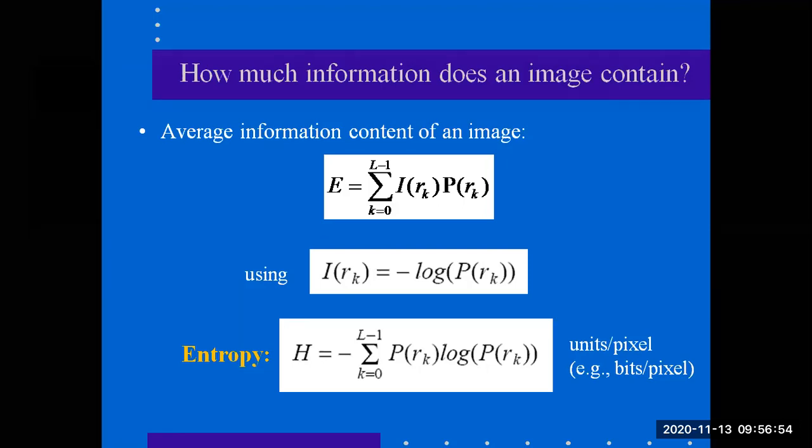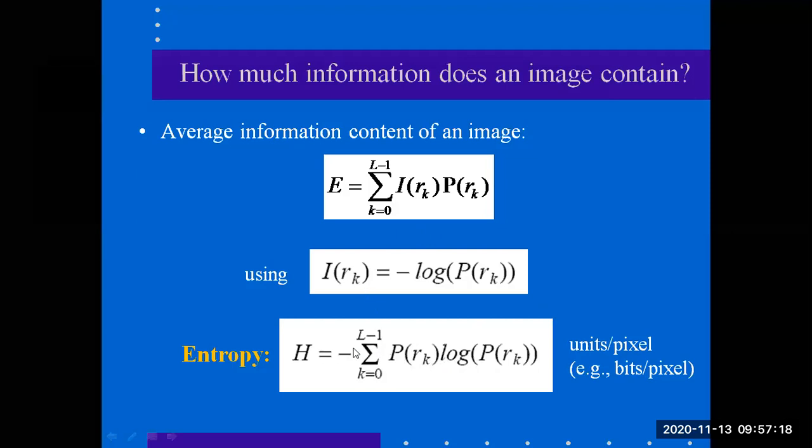So we have to calculate entropy, which is given by simply minus sigma k equal to 0 to L minus 1 P of R of k into log of P of R of k. So what is P of R of k? This is the probability of a particular intensity level. What is log of P of R of k? Already we have I of R k.